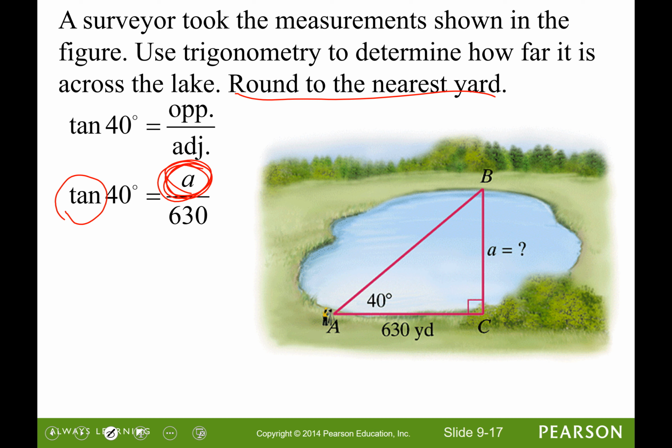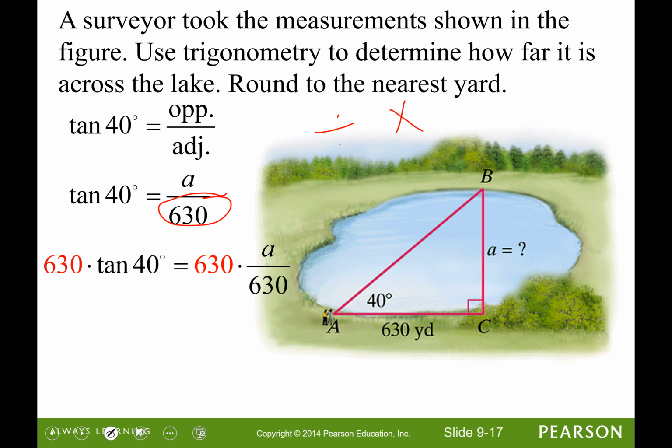To isolate that A, we need to get rid of the divided by 630. We get rid of A divided by 630 using multiplication by 630. Multiplying both sides of the equation by 630 looks like this.